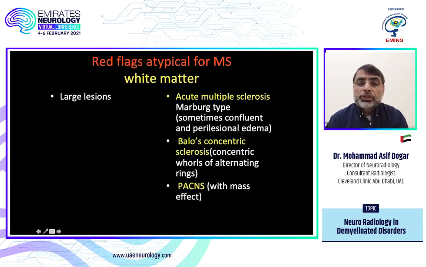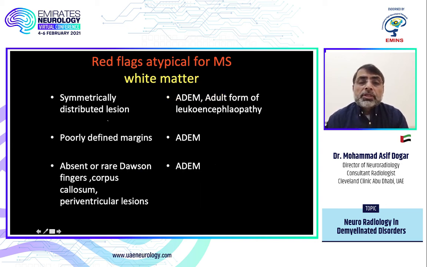So if there's a large lesion, it's not typical MS. It could be an aggressive variant like Marburg disease, could be Balo's concentric sclerosis, or it could be primary vasculitis. If the lesions are symmetrically distributed, it could be ADEM, it could be an adult form of leukoencephalopathy. If the margins of the lesions are poorly defined, it could be ADEM.